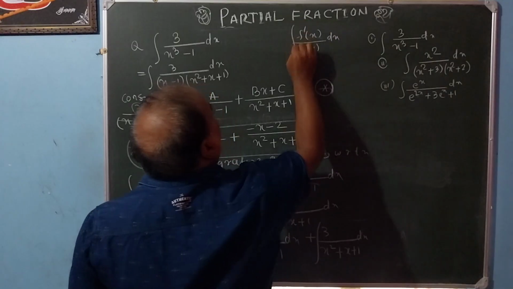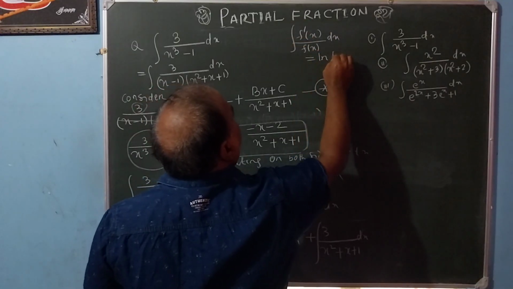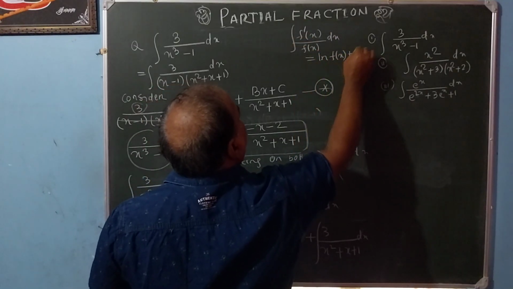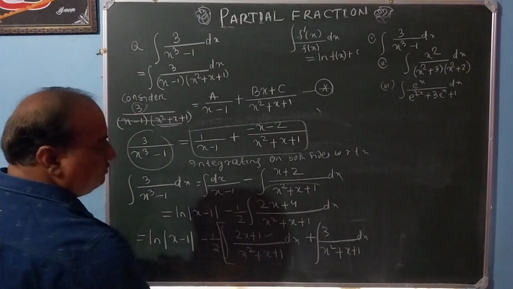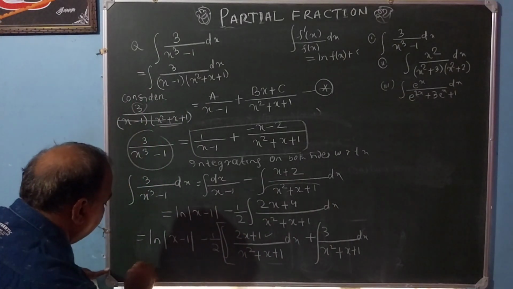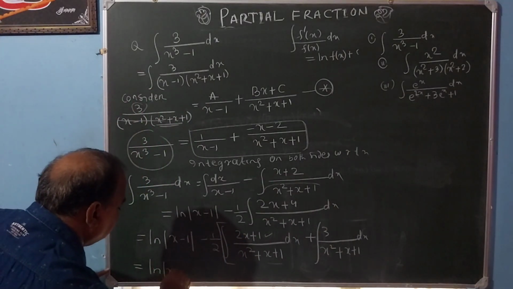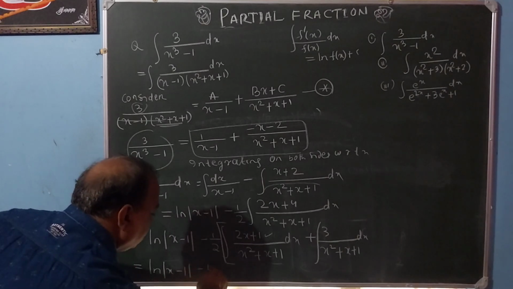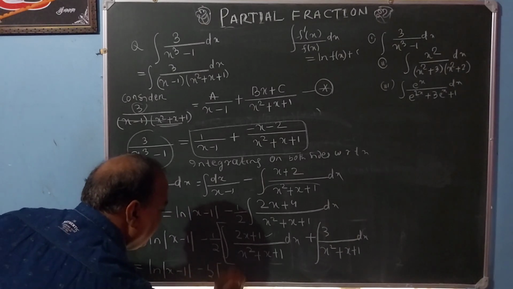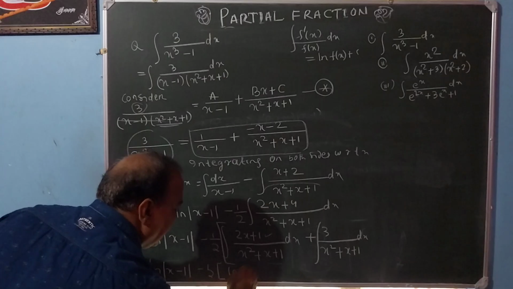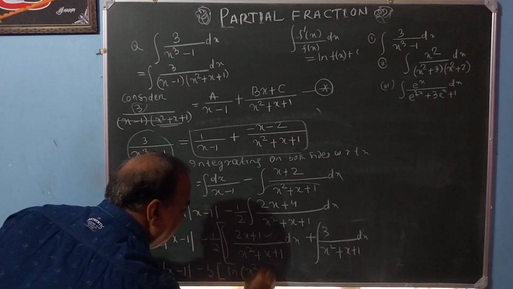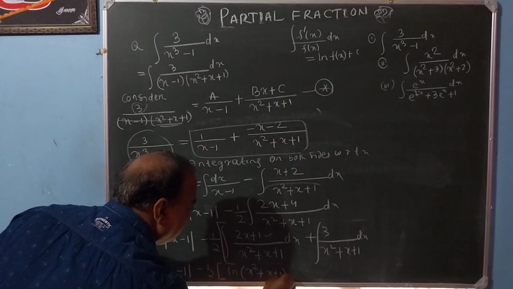We know this is the formula, ln f(x) plus c. So the integration of this will be coming out ln(x minus 1) minus 1 by 2 bracket ln(x square plus x plus 1).